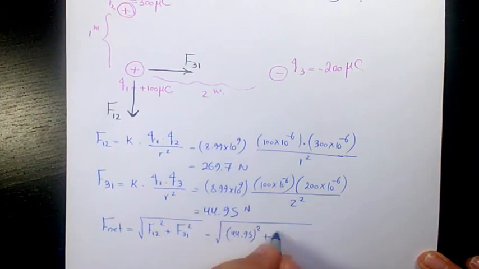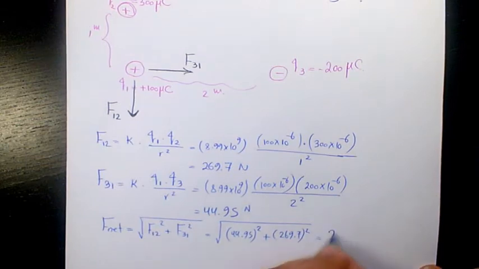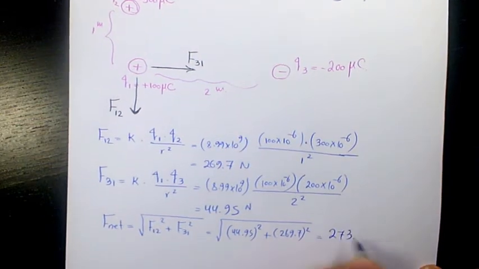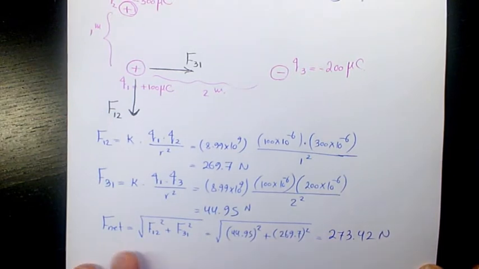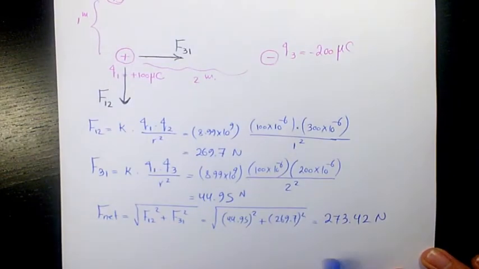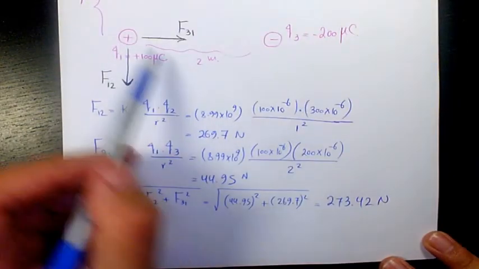It doesn't matter which one you write first. Then you find the square root of it. It's going to be 273.42 Newton.